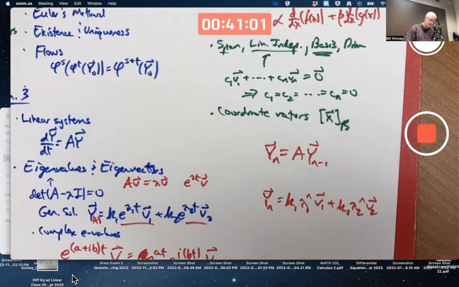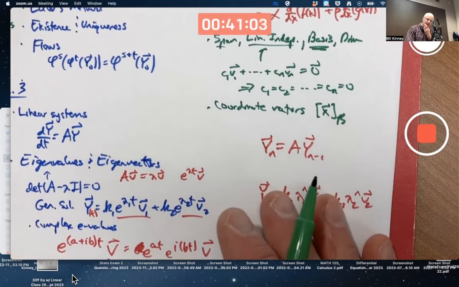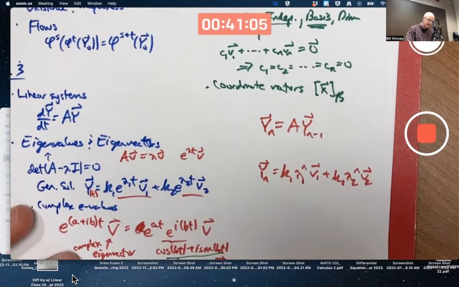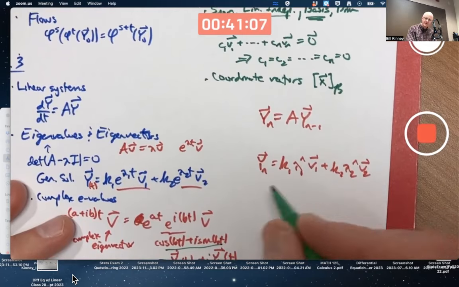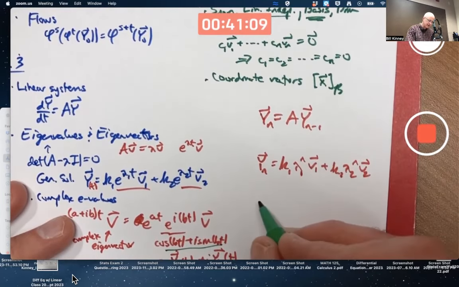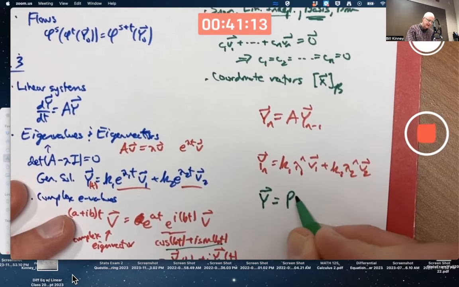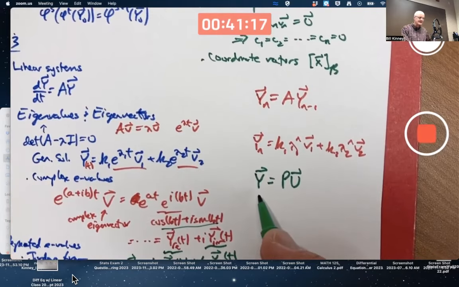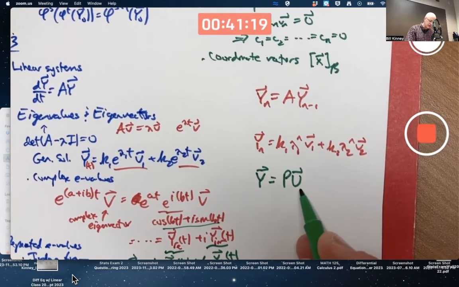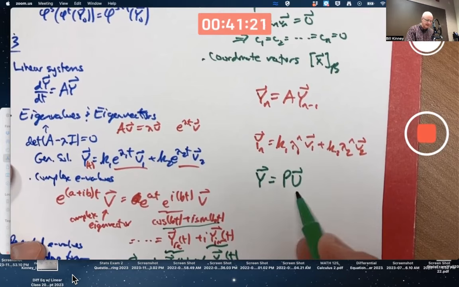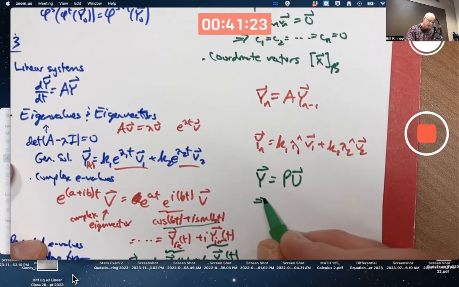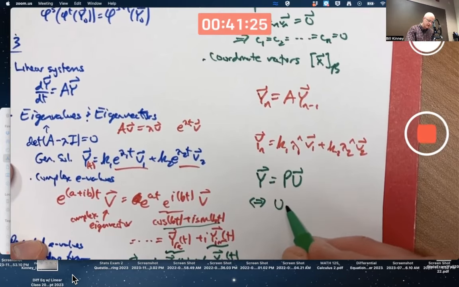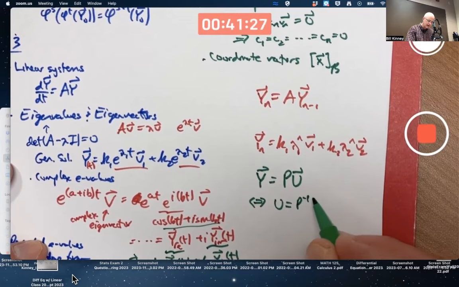Down here, we started using coordinate changes and we didn't bother with the coordinate vector notation. We had a change of coordinates matrix P. If capital Y is the original variable and capital U is the new variable, you can write Y as P times U, which, when P is invertible, is equivalent to U equals P inverse times Y.